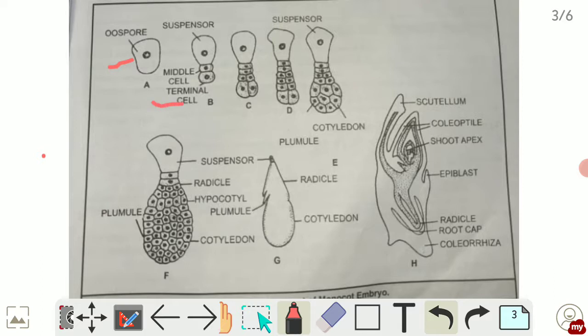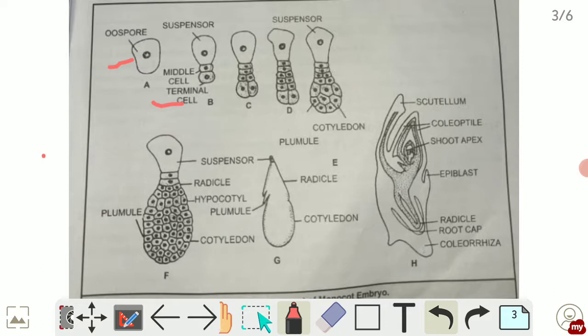The basal cell is not further divided and forms a large cell that is called the vesicular cell. But in dicotyledon both cells are divided, basal cells and terminal cells.